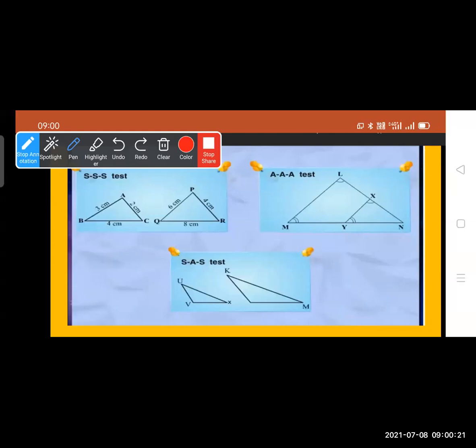So SAS test, you take the corresponding ratio UV by KL, and second one is VX by LM.